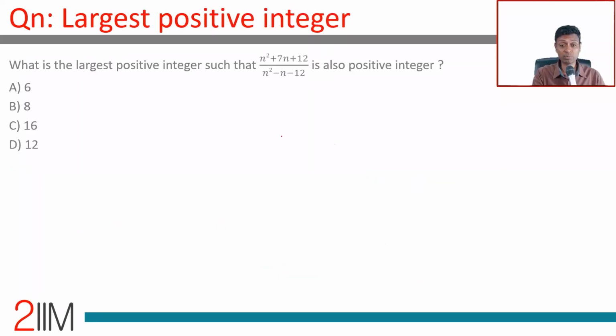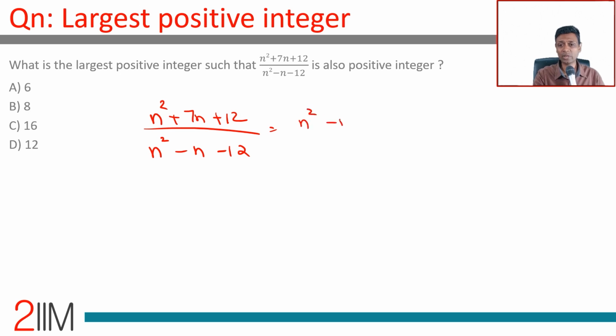What is the largest positive integer n such that n square plus 7n plus 12 by n square minus n minus 12 is also a positive integer? It's a delightful question. Anytime you have a quadratic by a quadratic, don't deal with two quadratics, deal with one. How so?